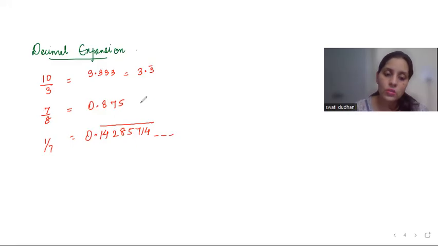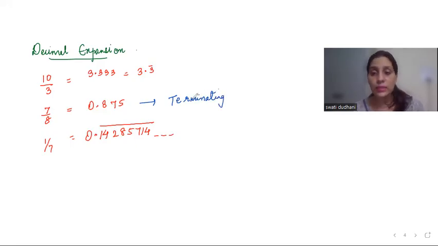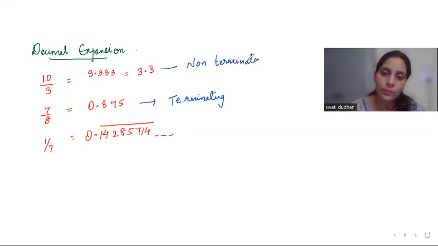So this is known as terminating. Terminating means it stops. You will end up having 0 as the remainder. And this is non-terminating. This is again non-terminating because it has a bar in it.